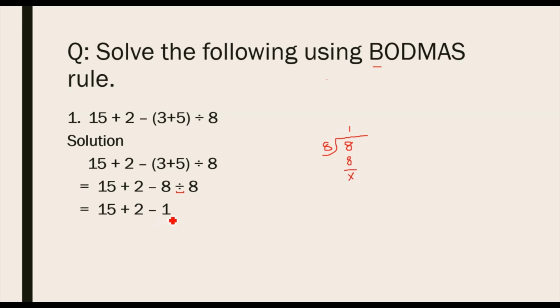So I have written 1. Now we have two operations, addition and subtraction, and according to BODMAS first we have to solve the addition. So first I add 15 plus 2, and we get 17. Now minus 1. We subtract 1 from 17 and we get 16.